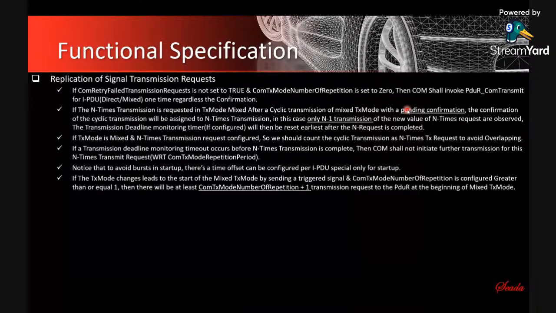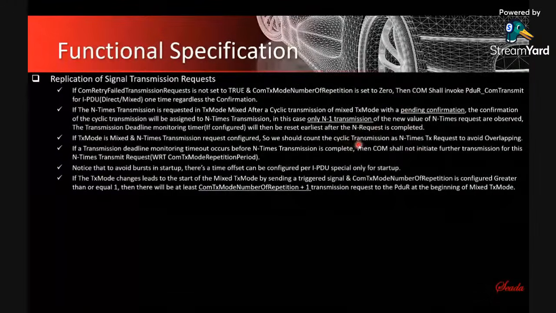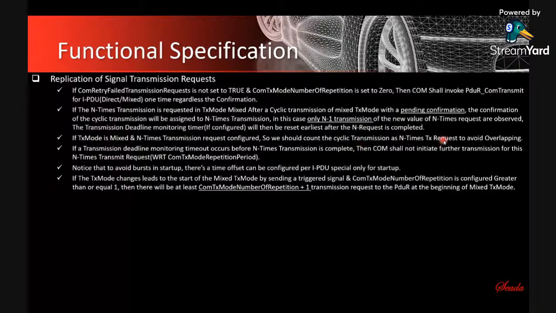What's going to happen in the COM? Because the confirmation was not received, for example, you have 1 transmit and 3 repeating transmits. It will consider that it has 4 minus 1, which is 3. And by logic you get this. So it will request to transmit three more times until the confirmation returns.